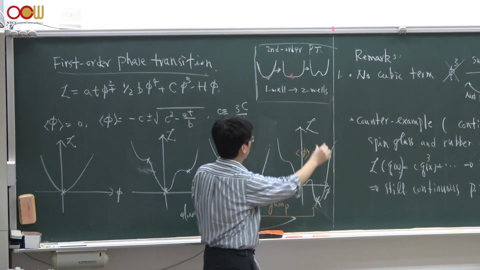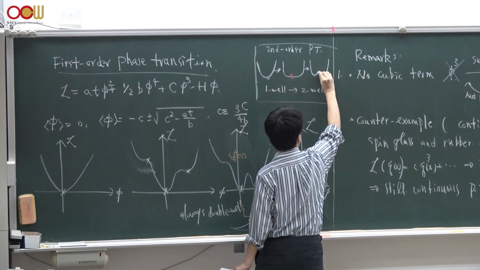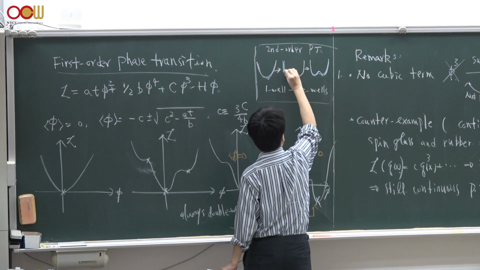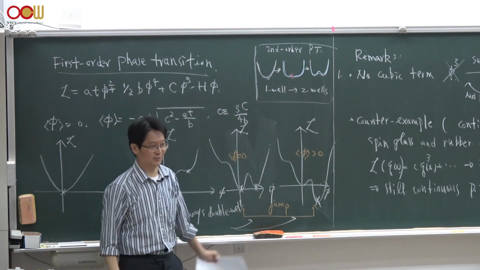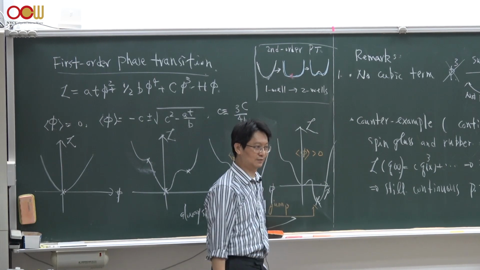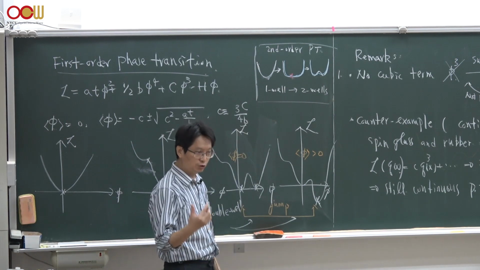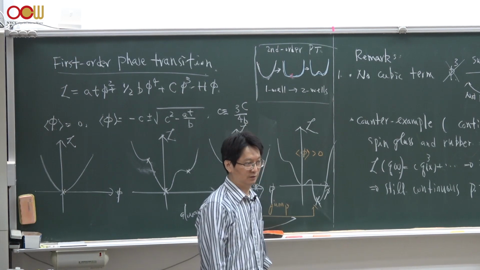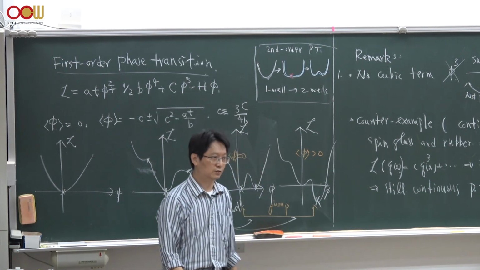Because I could squeeze this double well as much as I can to actually reach this U shape. You cannot tell the difference between a U shape figure and a slight double well. Infinitesimally, you are able to tune the U shape and turn it into a double well, continuously evolving from one to another.